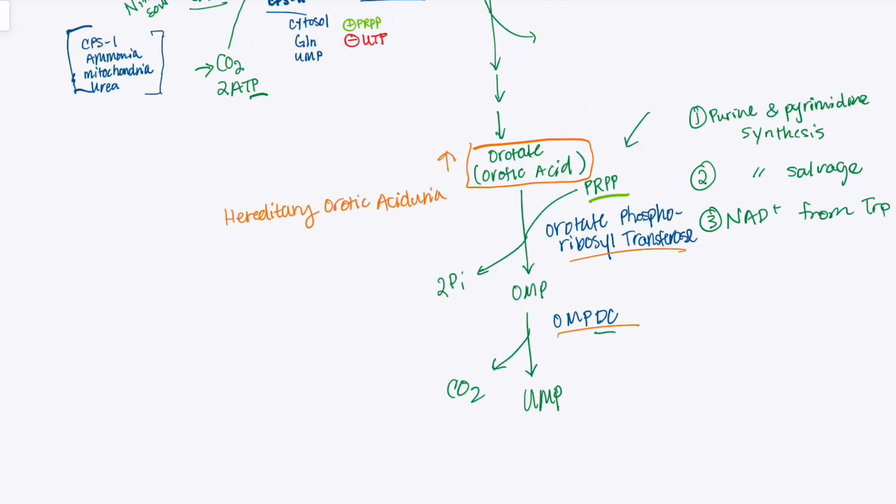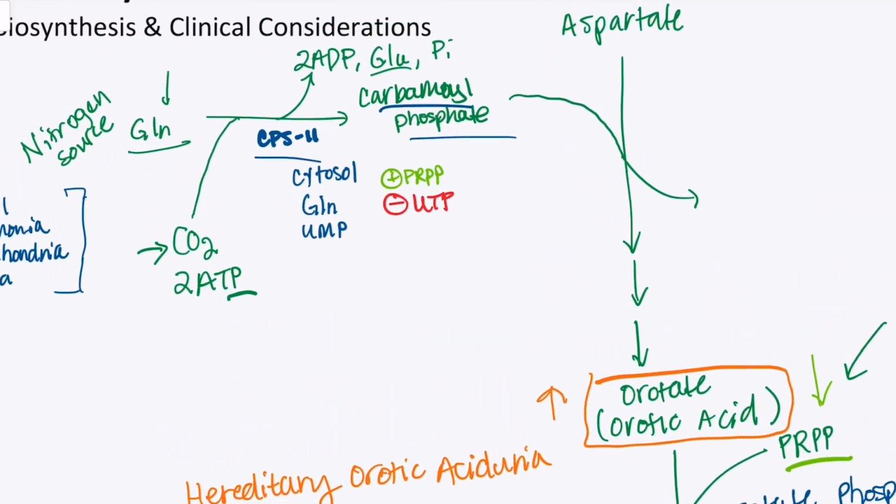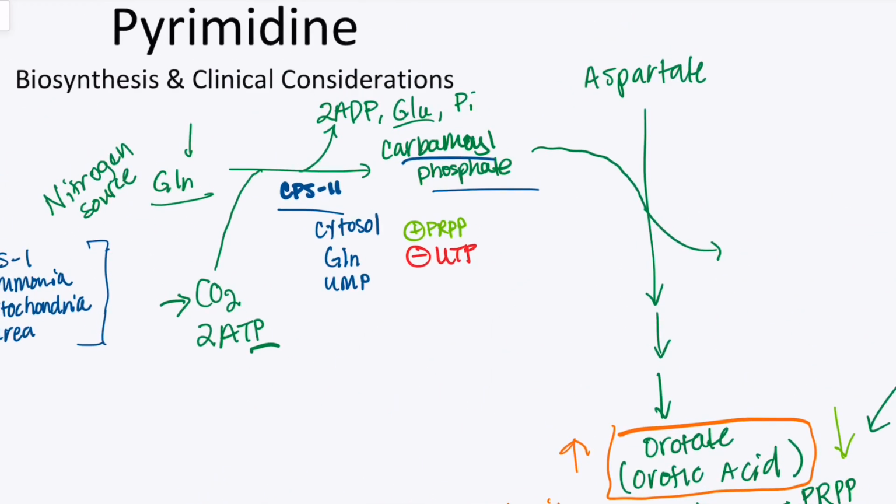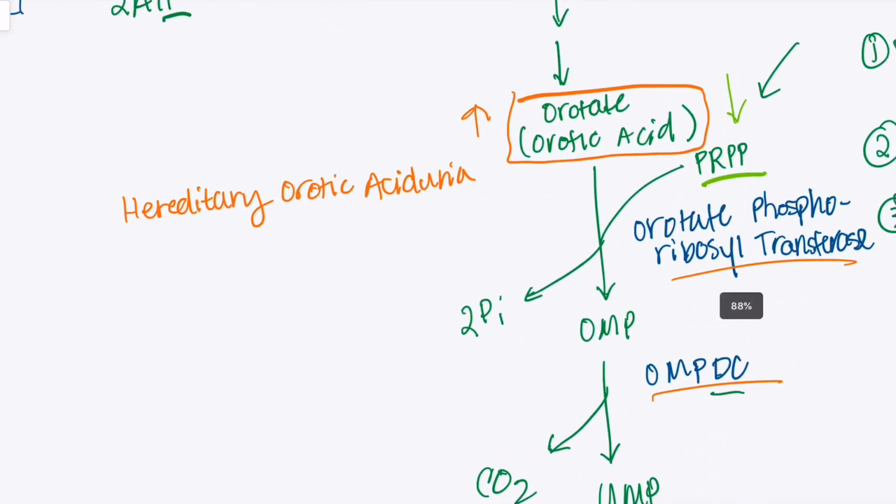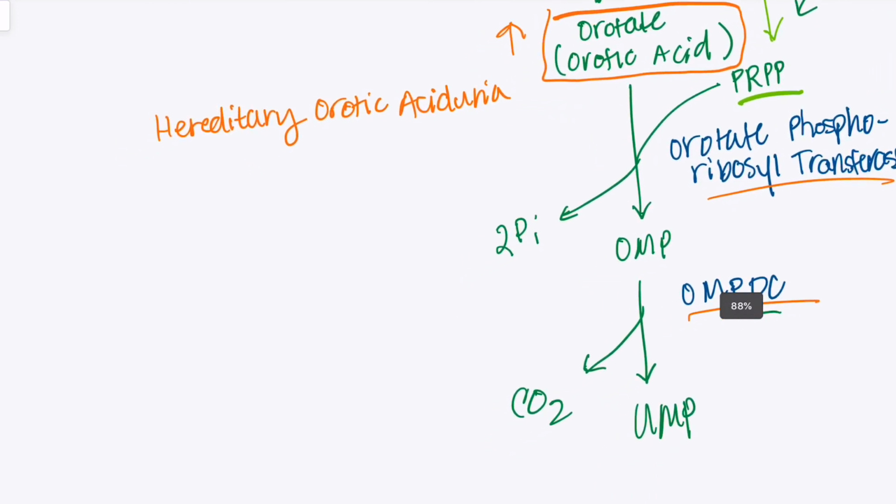And that has a lot to do with the fact that, right, we're not utilizing PRPP. So now we have this positive regulation up here to CPS2, and we're just going to keep pushing stuff forward. So whenever we have this buildup of orotic acid, we are going to be excreting a lot of it through the urine, hence the aciduria.